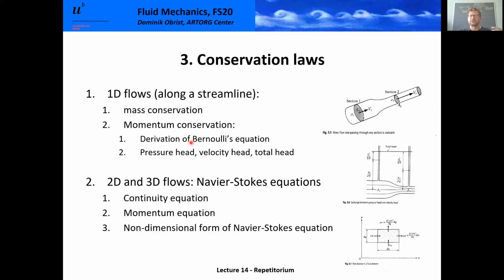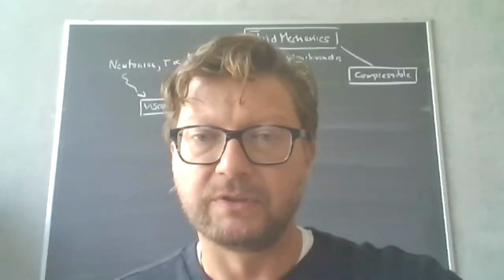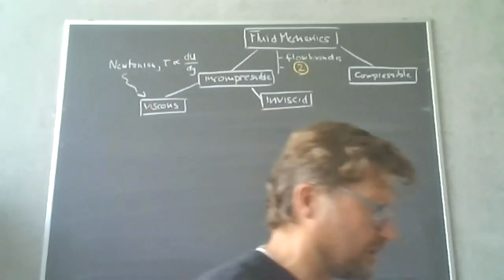If you have viscosity along the streamline, you will lose some of this constant. And that's an extremely powerful law with all the limitations it has. And we used it throughout the lecture again and again to get an understanding of how pressure is changing and how, for instance, measurement devices can be designed like the Repetitorium. So Bernoulli's equation was one of the first important results out of a lecture on conservation.